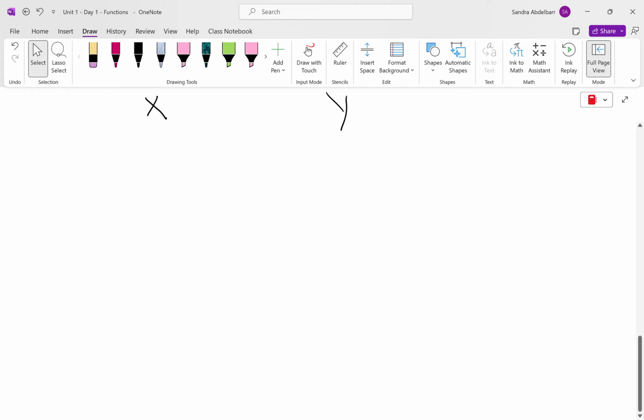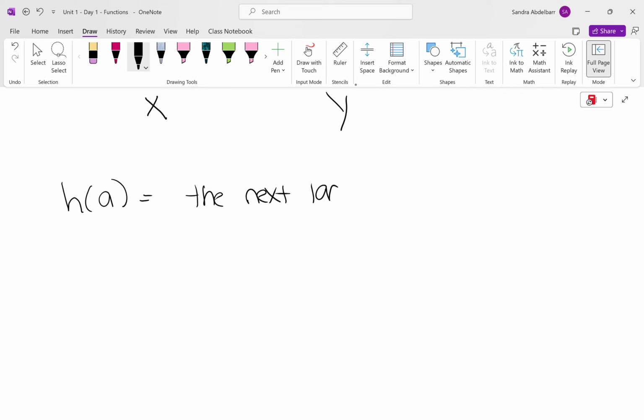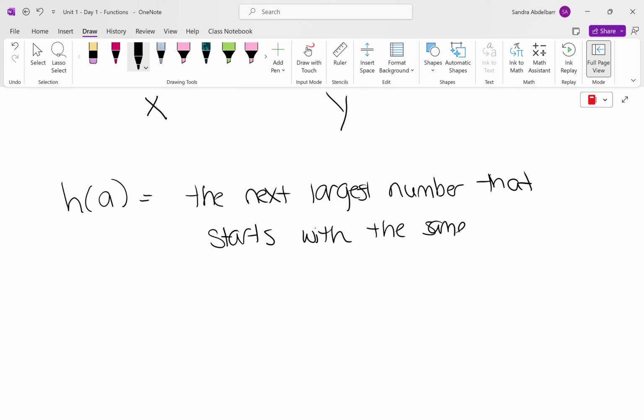Okay, sometimes functions could just be a very general rule. So for example, I can say h of a is equal to the next largest number that starts with the same letter as variable a.